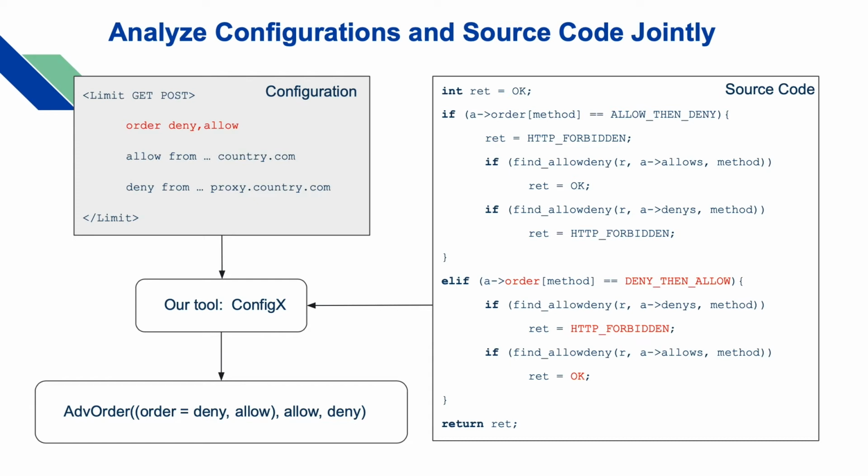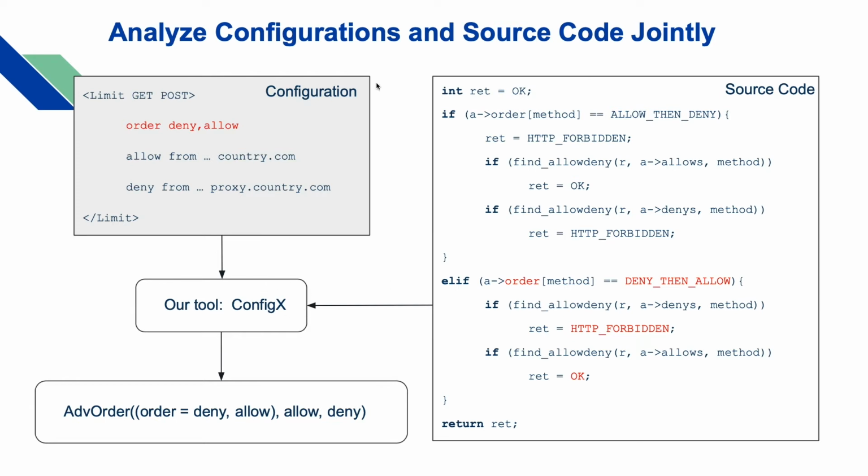It's very hard to figure out what's wrong if you only take a look at the configuration. And if you only take a look at the source code, it seems like nothing is wrong here. You might even think this code is beautifully written. The only way that you recognize this is a silent misconfiguration is to put those two parties together. So this is exactly what we do in this paper.